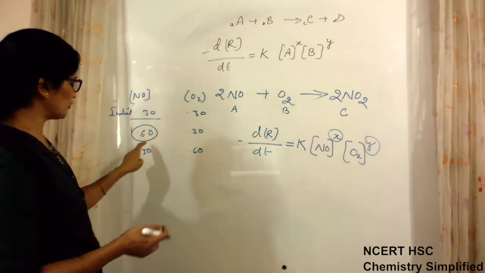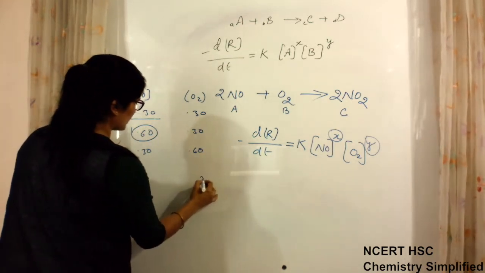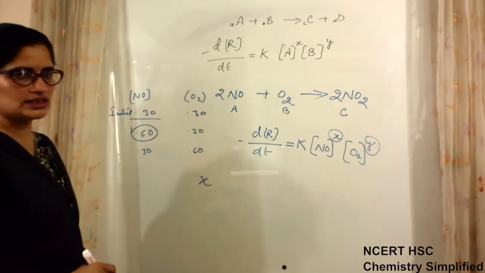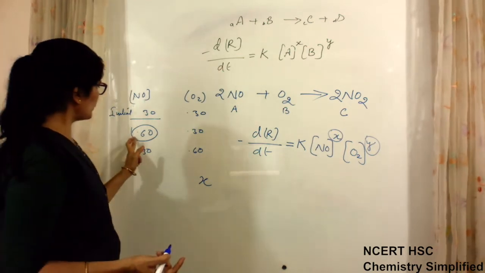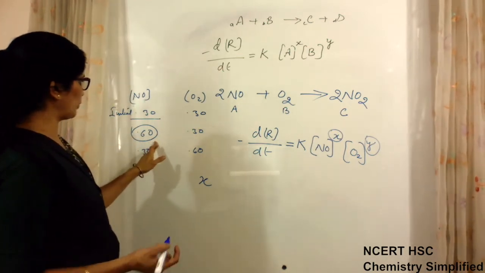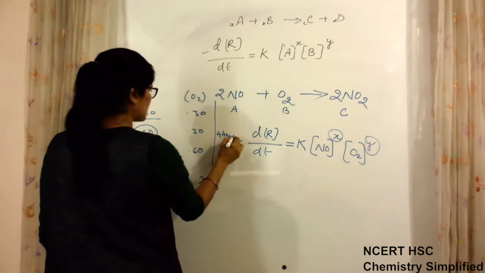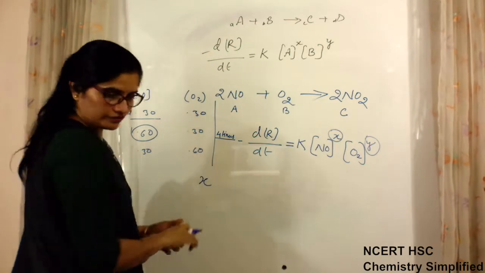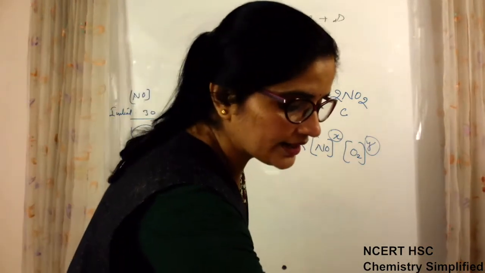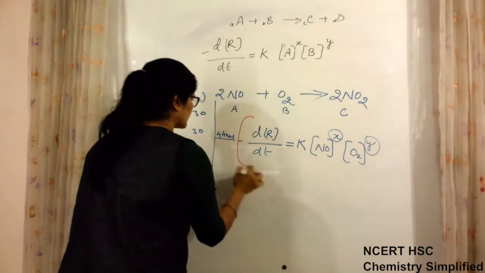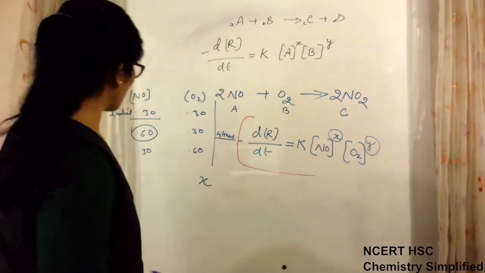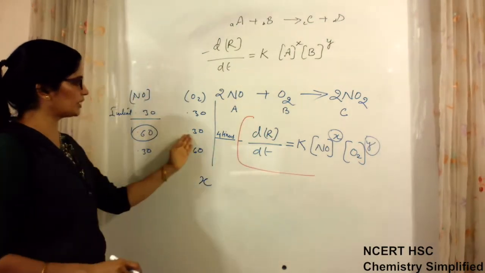Now, when you double the concentration of NO in the reaction, suppose the concentration of NO was initially X. Now when you double the concentration of NO, the rate of reaction becomes 4 times. This we do not know beforehand. Okay, this has been determined experimentally. It was observed that when it is doubled, the rate becomes 4 times.